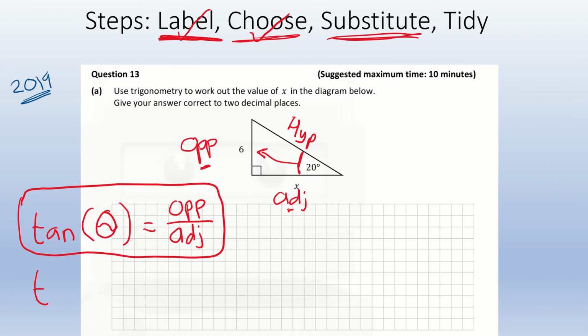So I'm going to say that that's tan 20, and that's going to be equal to the opposite over the adjacent. Well, my opposite side is 6 and my adjacent side is x. So right now, let me write that out again on the next slide. I've got tan 20 is equal to 6 over x.